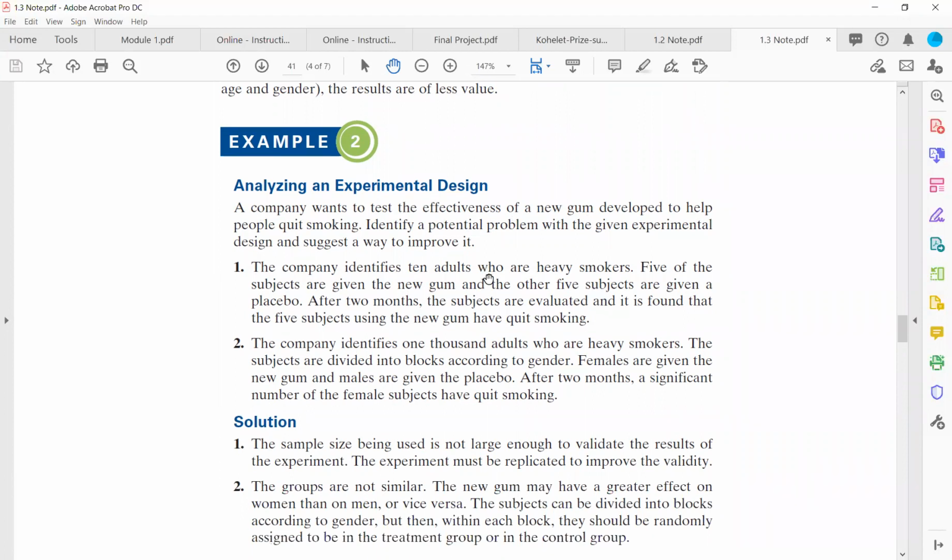The first one, the company identifies 10 adults who are heavy smokers. 5 of the subjects are given the new gum, and the other 5 subjects are given a placebo. After 2 months, the subjects are evaluated, and it is found that the 5 subjects using the new gum have quit smoking.